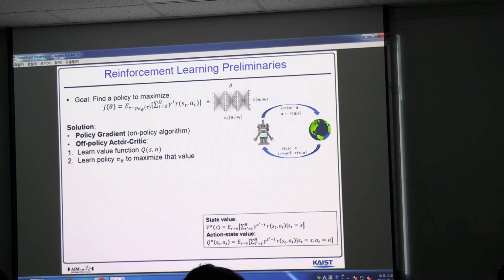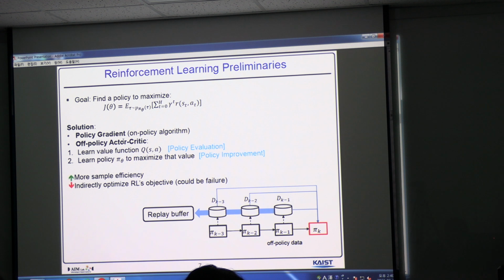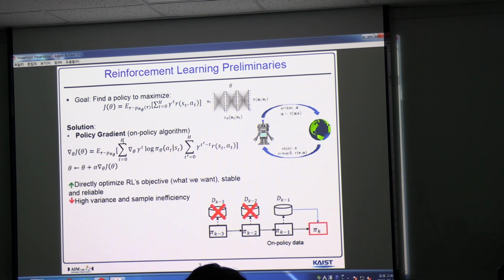The disadvantage of the policy gradient is that it requires many samples, but it directly optimizes the objective, so it is a very stable and reliable algorithm. That's all.